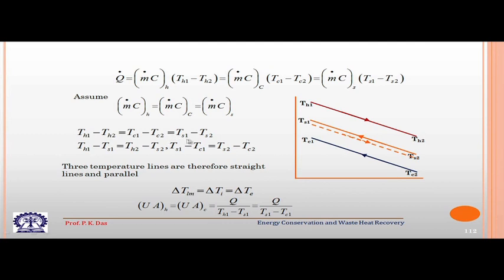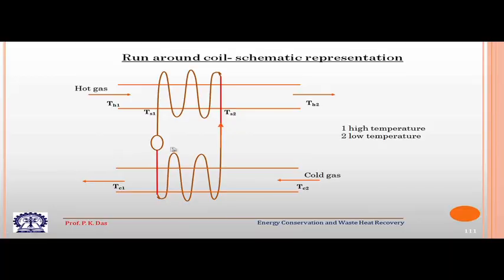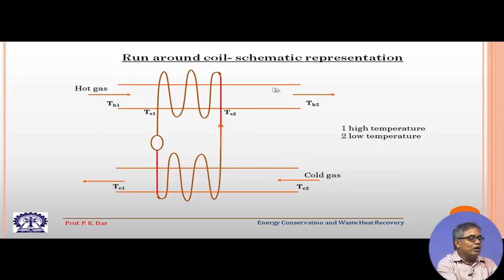If we assume counter current flow, one can also do the analysis for parallel flow. If we go back to our previous figure, then you see it is a counter current flow, hot gas passes like this and the secondary fluid passes like this.